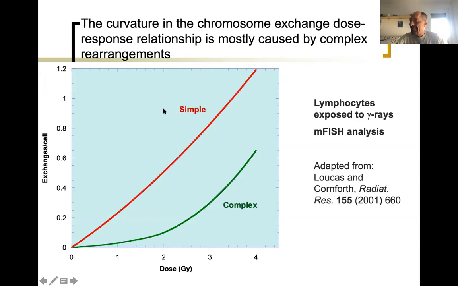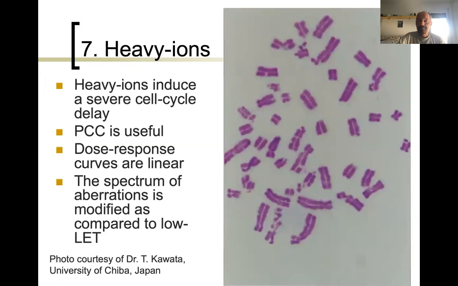The other thing is that this large curvature that you see in dicentrics is not confirmed by MFISH. By MFISH, you see that many of those that you think are dicentrics are mostly complex exchanges, and most of the dicentrics are instead formed linearly, by intra-track events, not inter-track events. In the next lecture, we will talk about the impact of heavy ions.